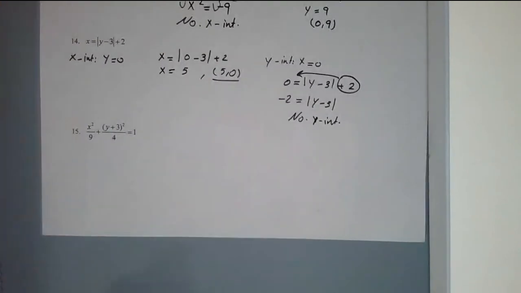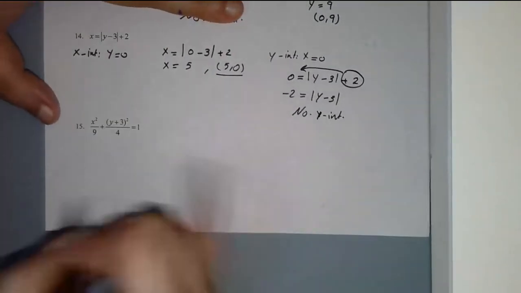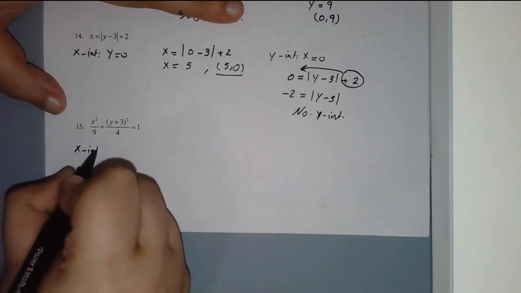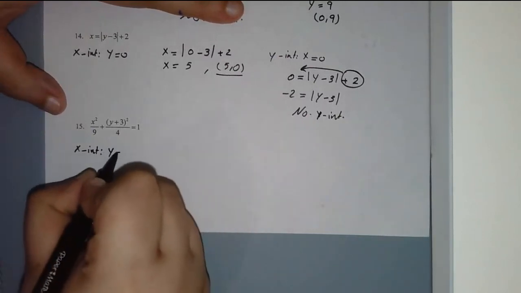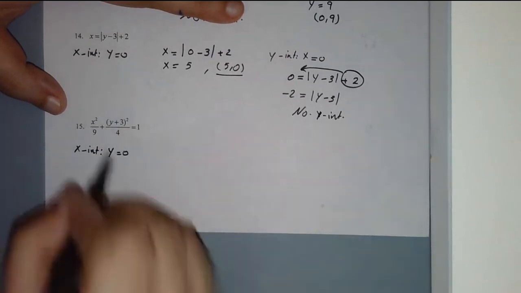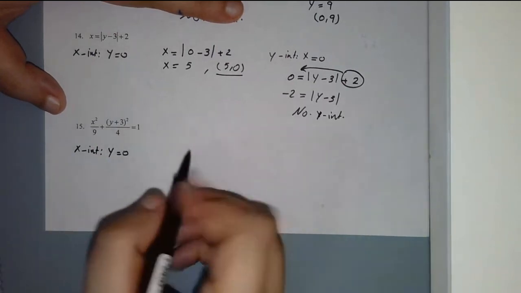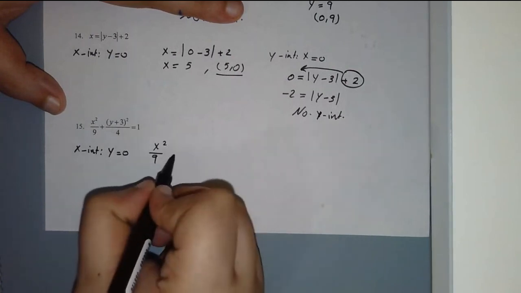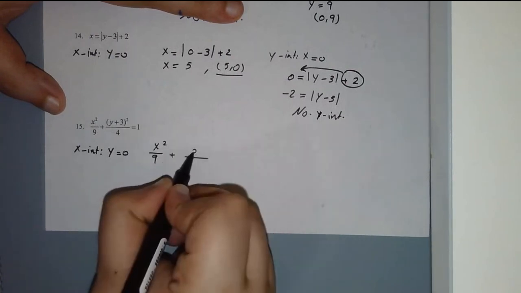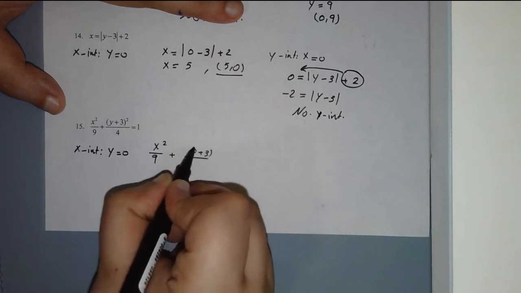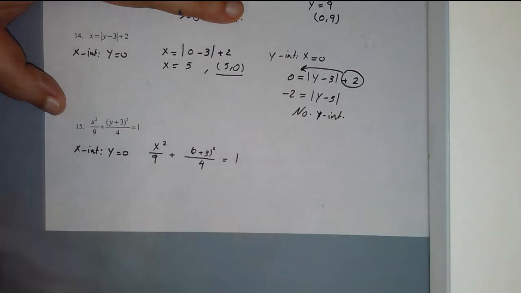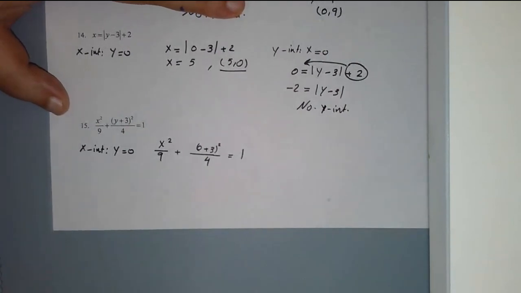This one right here. Okay, we're going to find both x and y. Let's do the x-intercept. y is 0, because we're finding the x-intercept. So we have x squared over 9 plus (0 plus 3) squared over 4 equals 1. All right.